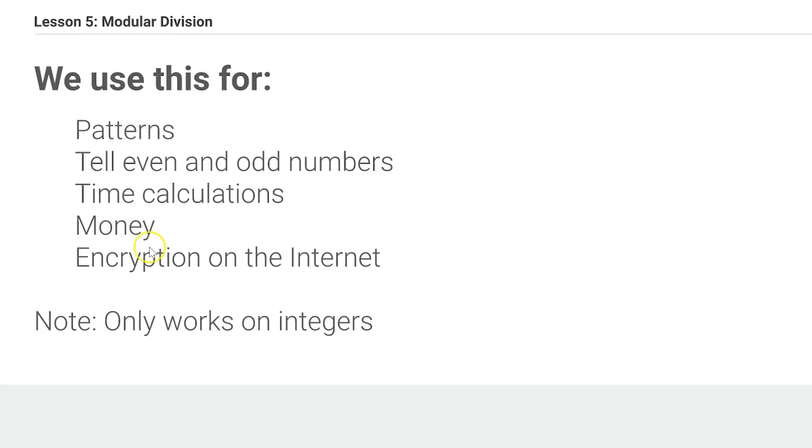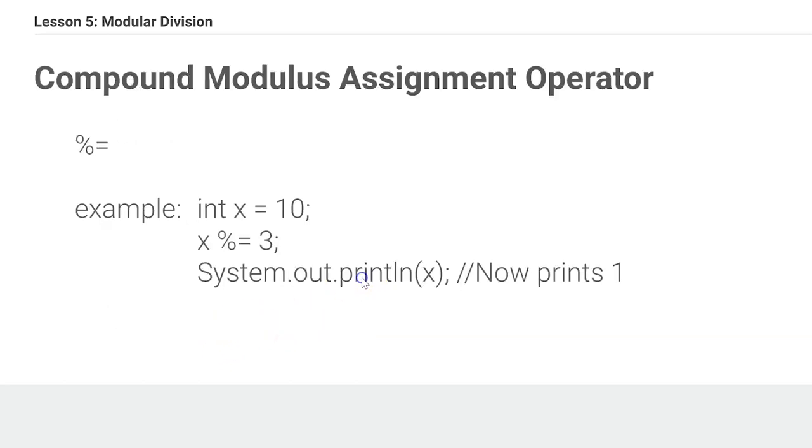They use mod. It's also used for encryption on the internet. Lots of encryption techniques rely on the modulus operation to change information into an encrypted version of that information. Right? Now, it's important to note that mod will only work on integers. You can't mod a double.